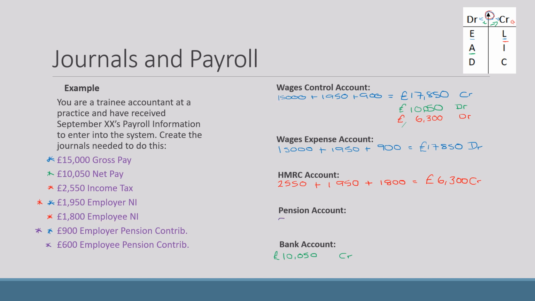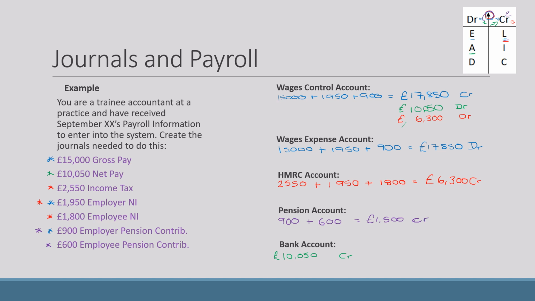So we're going to have 900 of our contribution and 600 for the employee. So that comes to £1,500. So again, it's a liability account because we're going to have to pay the pension fund. It's increasing, so therefore it will be a credit.